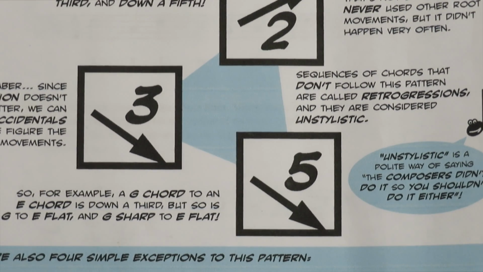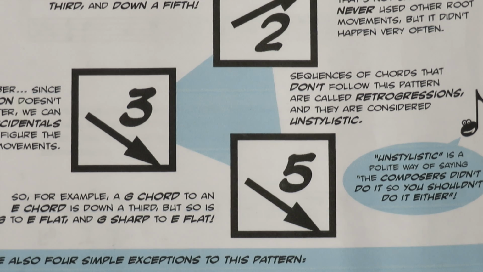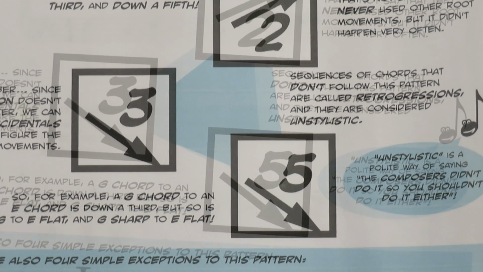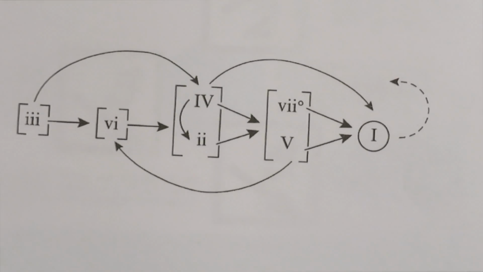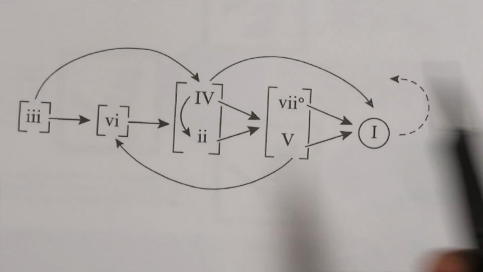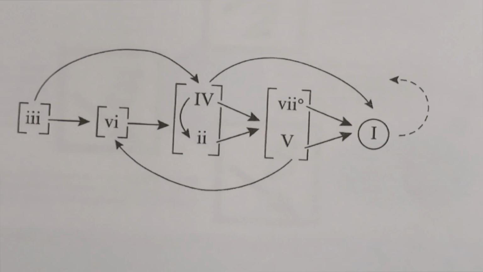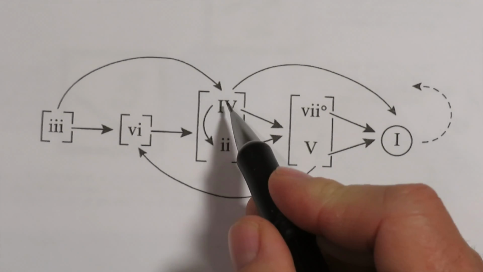So if we're on the G minor chord, the 6th chord, if we move down a 3rd, that would move us down to E flat, which is the root of the 4 chord. And also here, it shows the 6 also going to the 4. So we have a choice. We can go to the 2 chord or the 4 chord.